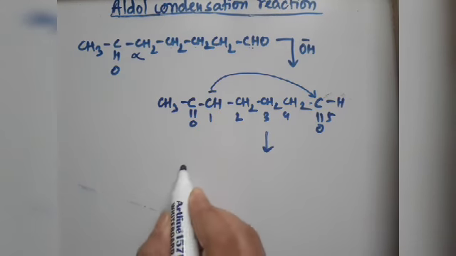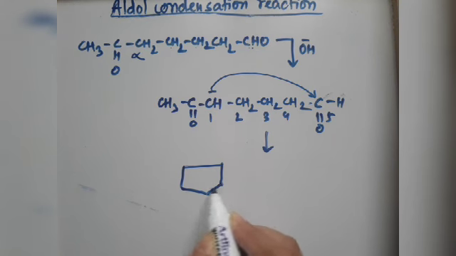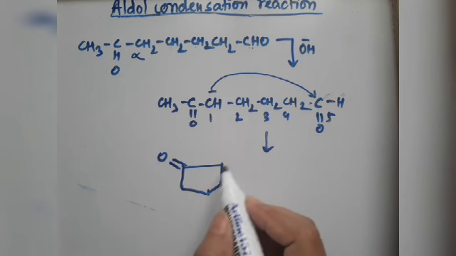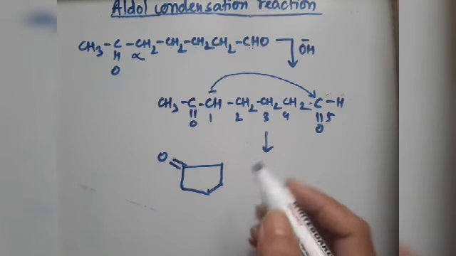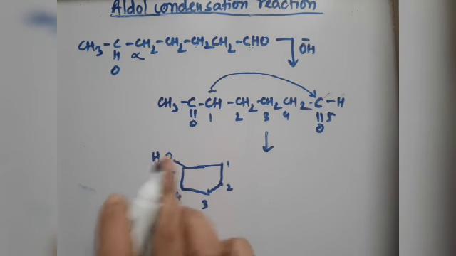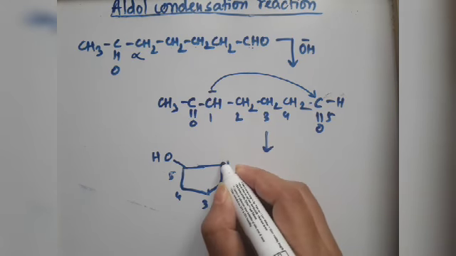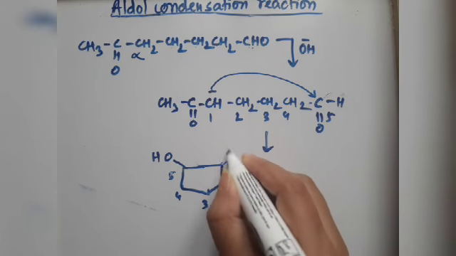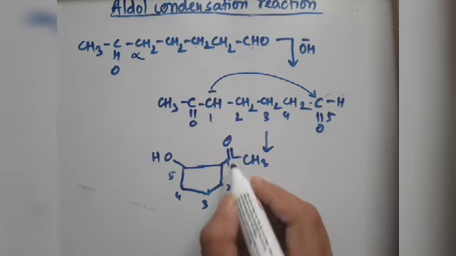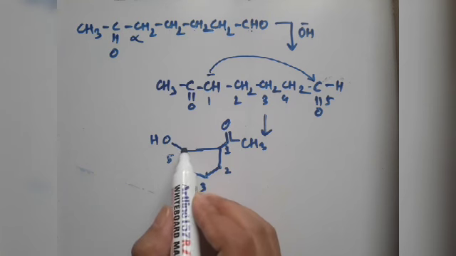In the 5 position we are having this one, and here we have OH, and in the 1 position we have a COCH3 group also. So this is number 1 carbon atom, and here dehydration will occur.